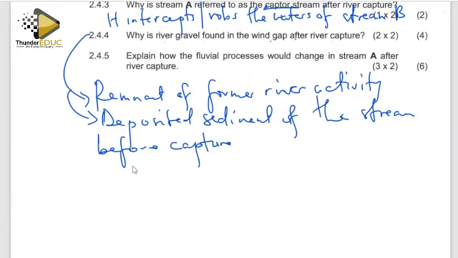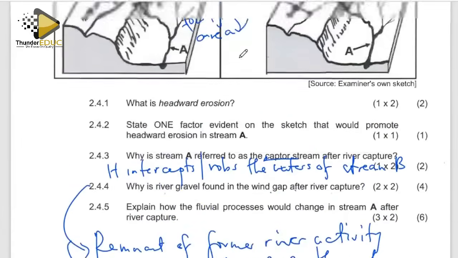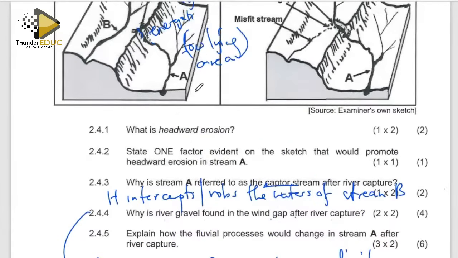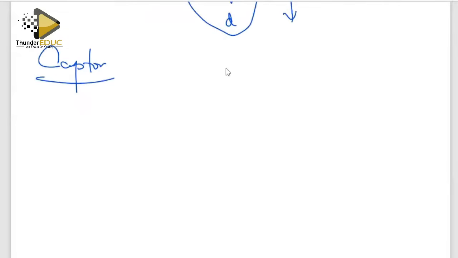Right. The next question is saying, explain how the fluvial processes would change in stream A after river capture. In stream A, this is the captor stream. How are the fluvial processes going to change? We want to analyze the fluvial processes that are going to change there on the captor stream.